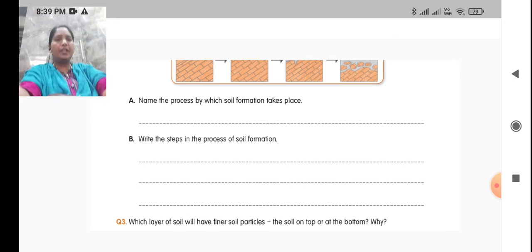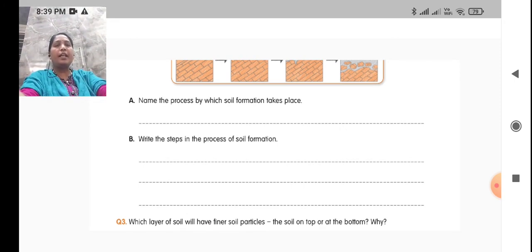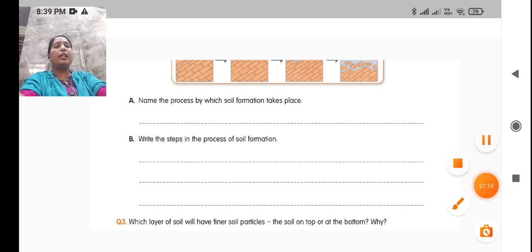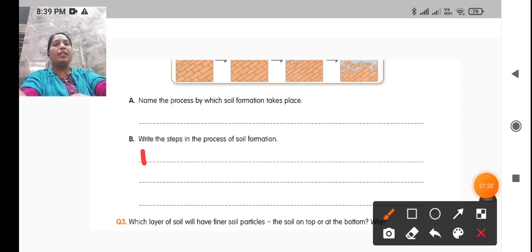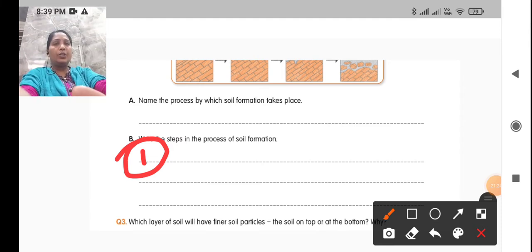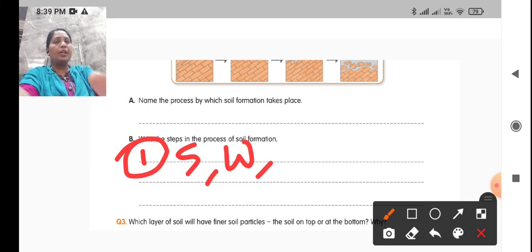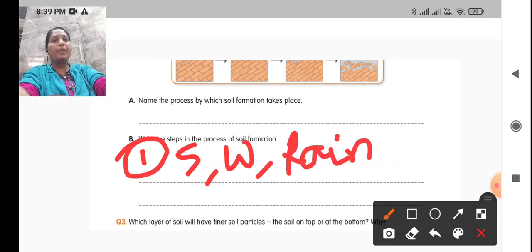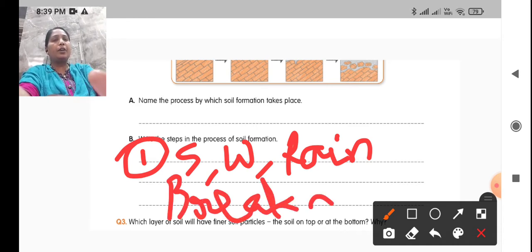And the next one is: write the steps in the process of soil formation. There are different steps you can write here. Number one, due to sunlight, wind, and heavy rainfall, the rocks get broken down.